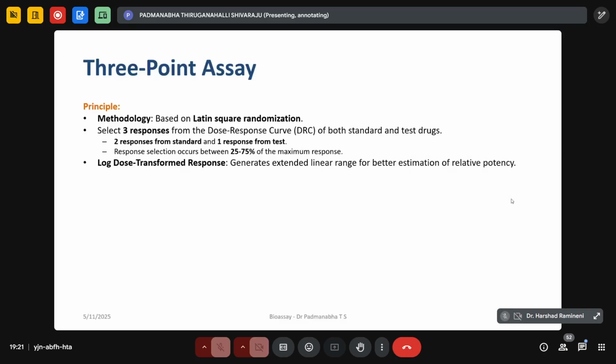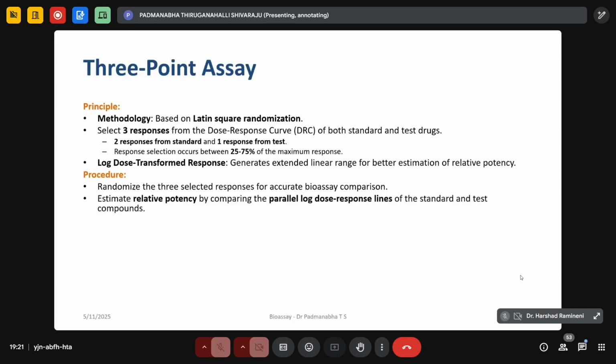For example, you are giving 10 milligram of a drug and 100 milligram of a drug. You need to quantify what responses you are getting. If you are getting a maximal response and a lower response, you need to select in between those responses. In the procedure, randomize the 3 selected responses for accurate bioassay comparison.